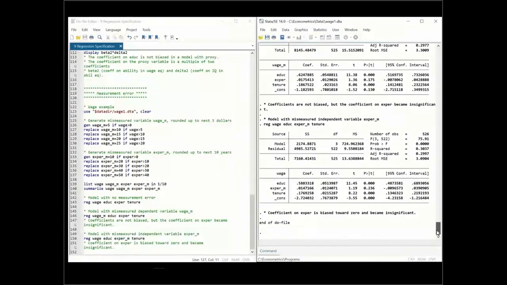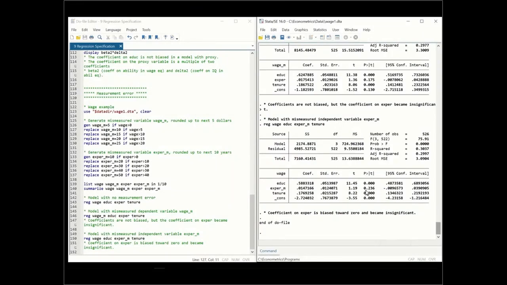Now, what would happen if we have a mismeasured independent variable? So here, instead of experience, I have the experience mismeasured. What would happen here is that this coefficient would be less than the 0.022 coefficient that we saw in the true model.